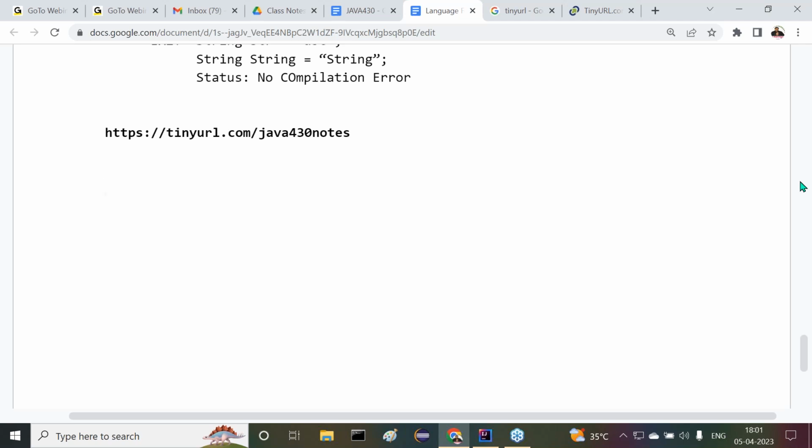Yes, it should be the first statement. The package declaration statement should be the first statement in the document.